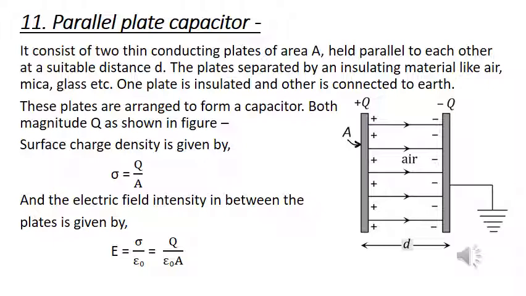Surface charge density is given by σ = Q / A, and the electric field intensity in between the plates is given by E = σ / ε₀, which we have studied in the first chapter. So by putting the value of σ, we get E = Q / (ε₀A).